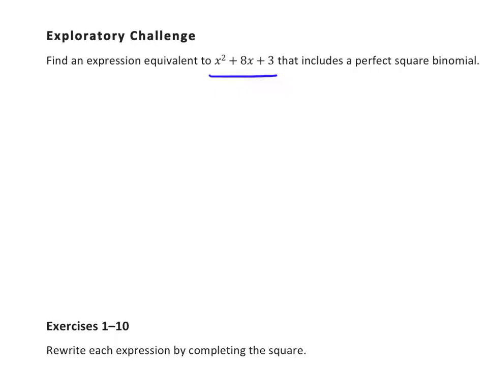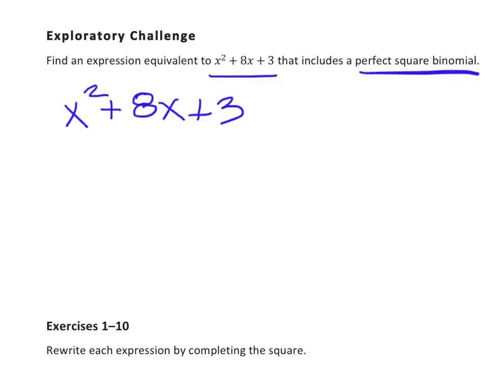So what we want to do is find an expression equivalent to x squared plus 8x plus 3 that includes a perfect square binomial. We're going to rewrite this into a new expression that includes a quantity squared of some binomial, and then it may have some terms outside of the parentheses.